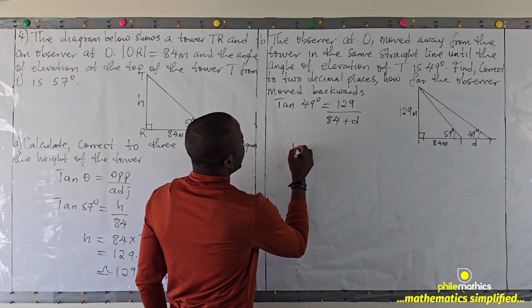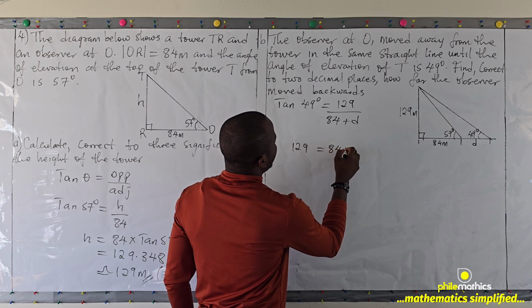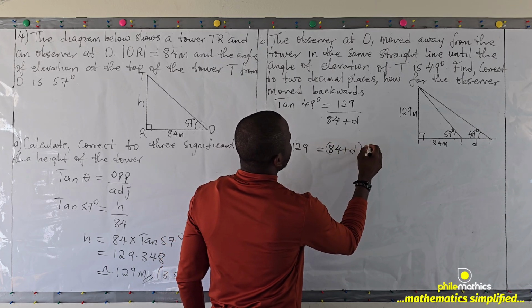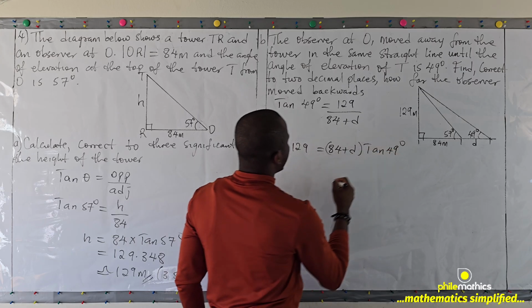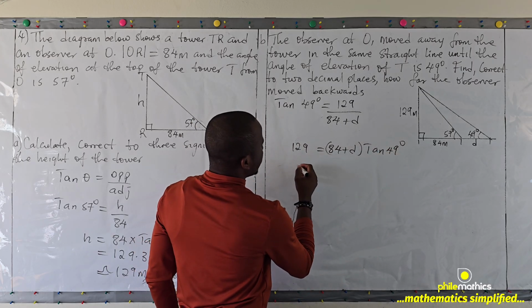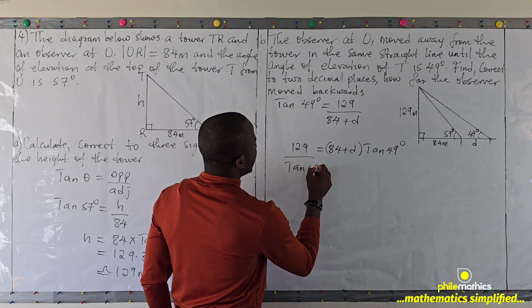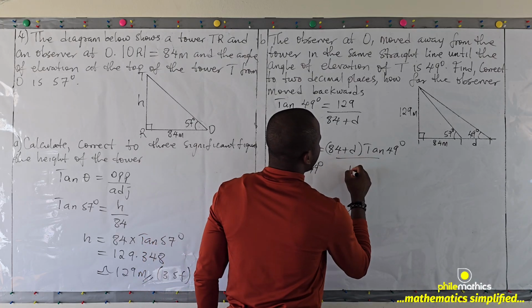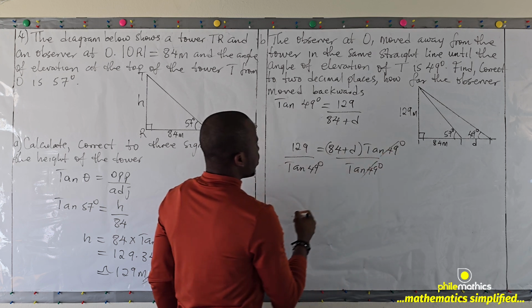And so 129 is simply 84 plus D times tan 49 degrees. And I can divide both sides by tan 49 degrees. This cancels.